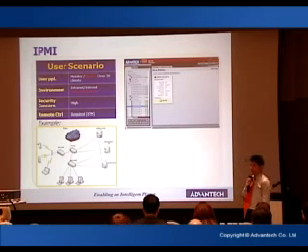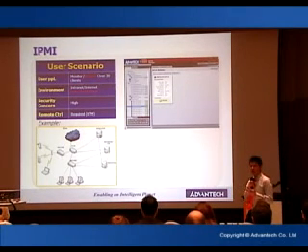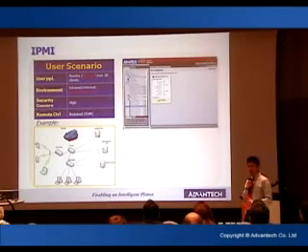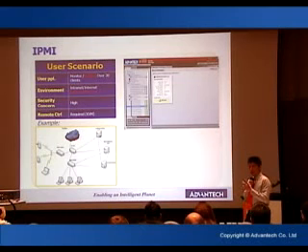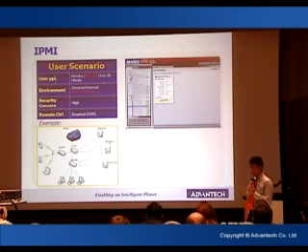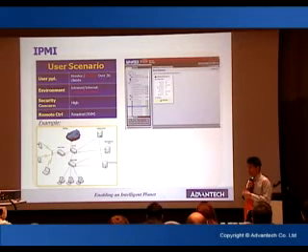Sometimes I get asked, what's the difference between iAMT and IPMI? Because both of them are remote monitoring functions or out-of-band solutions. The major difference between those two functions is that if you use iAMT, you need to use only an Intel platform, right? Because the Intel platform supports iAMT, and you need to use the latest Intel platform.